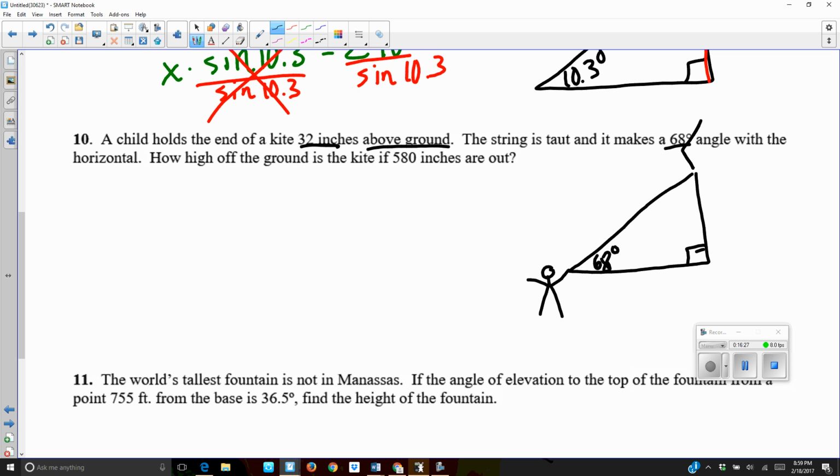So we have to picture this kite right here, and this is our string, this slanted distance right here. We've had enough of these kite problems to know that that's your slanted distance in this problem. The child is holding it 32 inches above ground. So we know this distance right here is 32 inches.